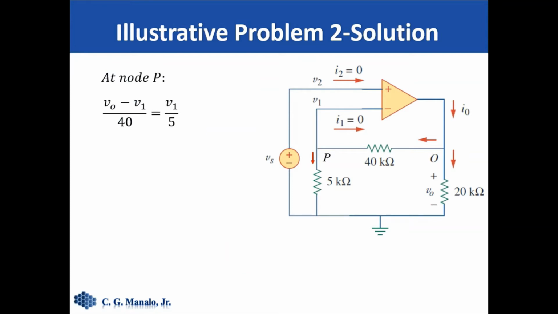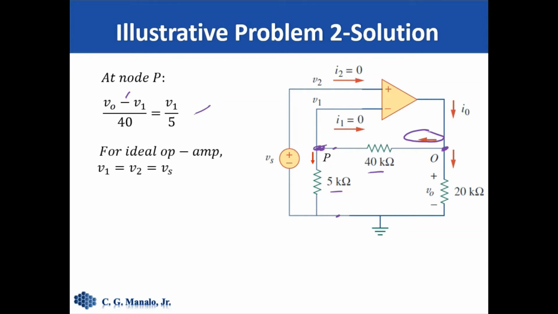So we can write KCL at this node and at this node. For this node, the KCL is given by this one. So current entering, which is this one, this is the current entering. So it is equal to V naught minus V1 divided by the resistance. And that equals the current leaving, which is V sub 1 minus 0 divided by this resistance.